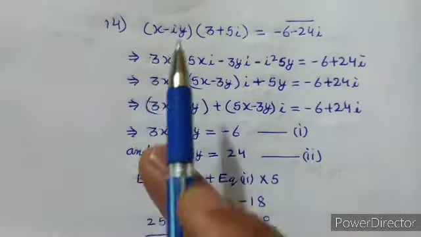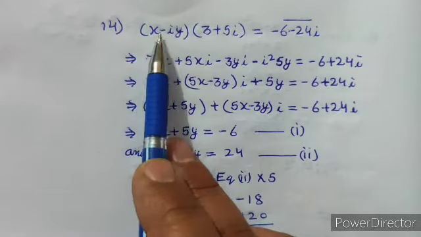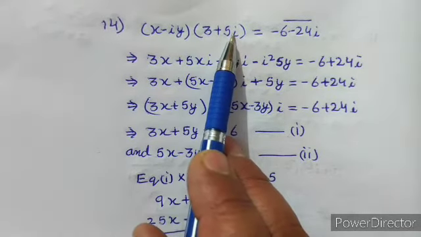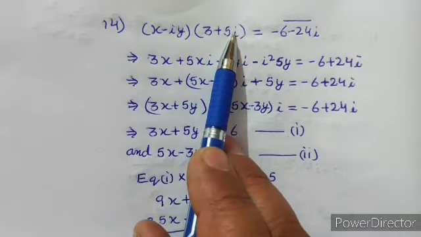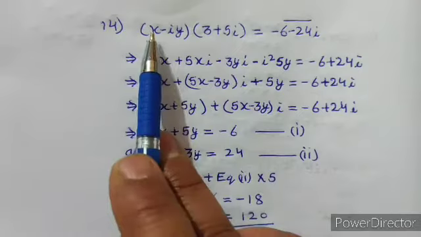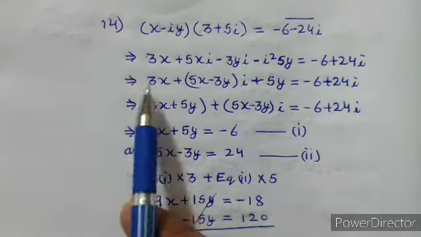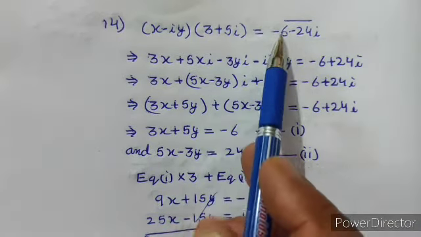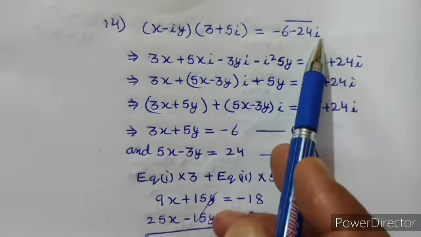Now in question number 14, (x - iy) into (3 - 5i) is equal to the conjugate of (-6 - 24i), and here we have to find the value of x and y. So (x - iy) into (3 + 5i) will be equal to the conjugate of -6 - 24i.